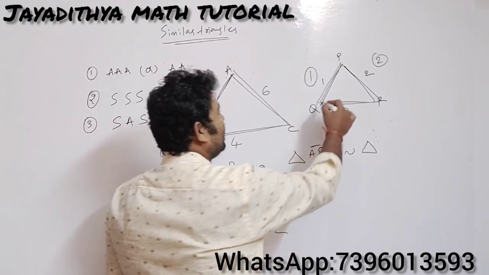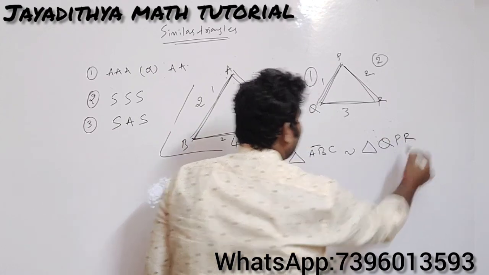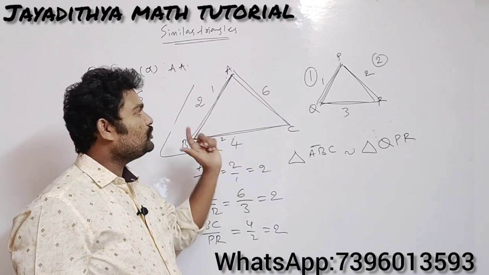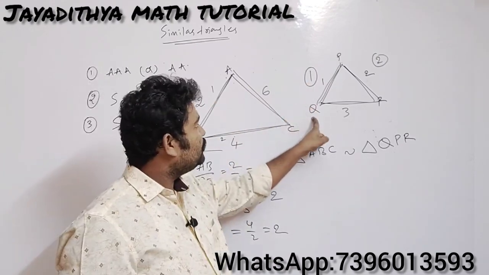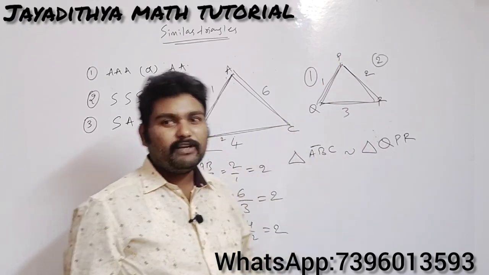So how do you write it? You should write the triangle as QPR. Here we are taking AB as the first side and BC as the second side, so you should take the corresponding sides also as first and second. So you write QPR. If you change the order, your notation will be wrong.